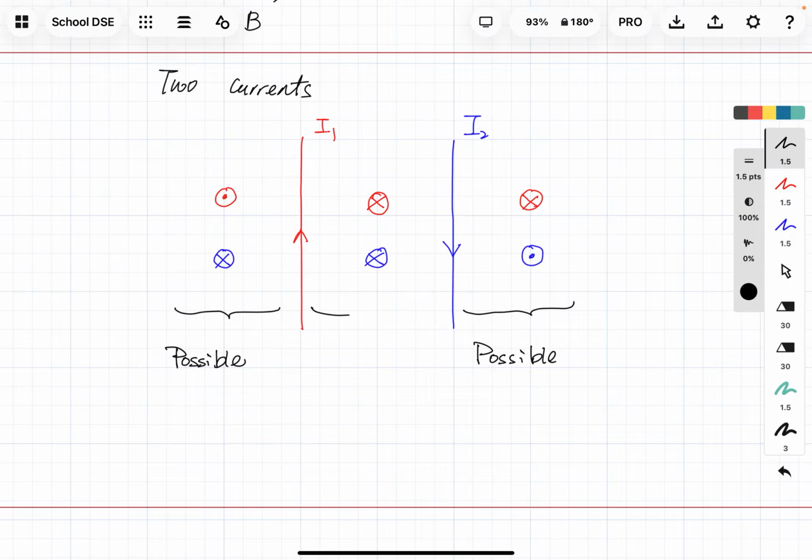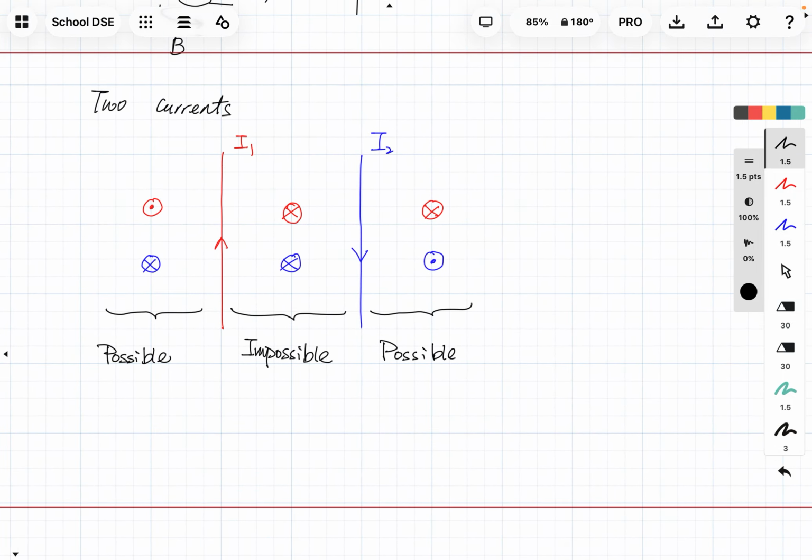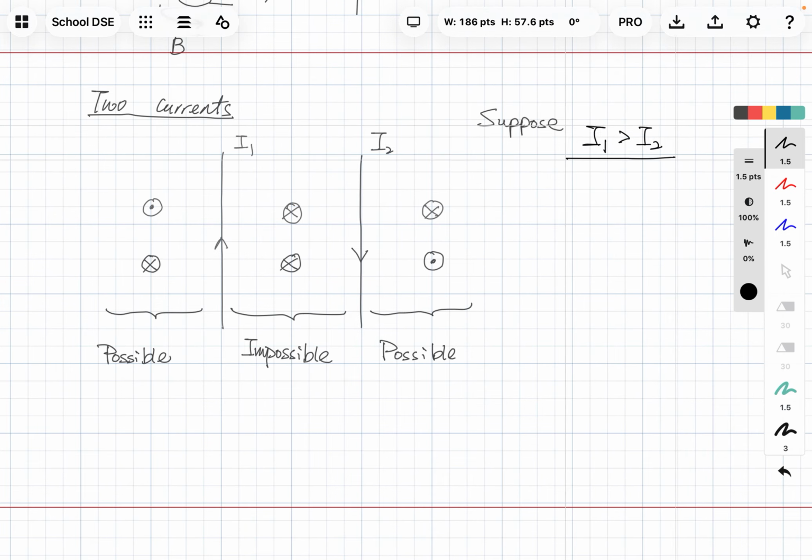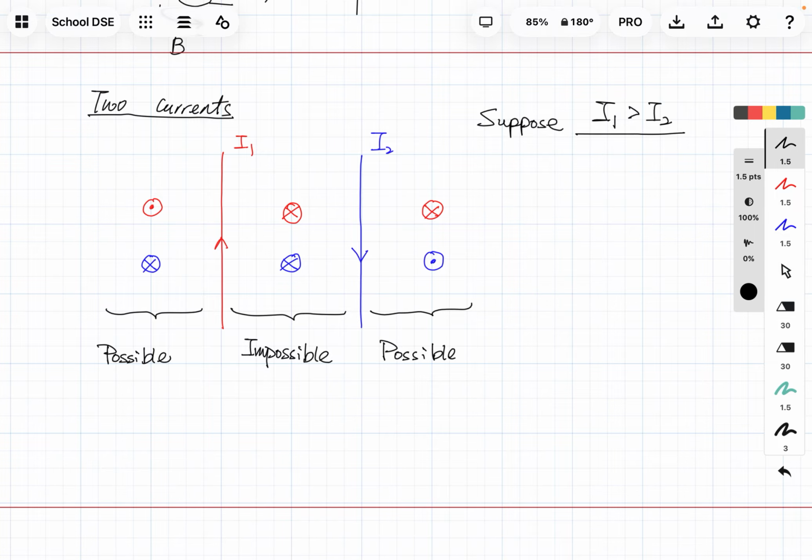But how do I know the magnetic field here? Then you start to use the right-hand rule. I use the right-hand rule, and then I know that this is the current and this is the magnetic field. Well, the problem is, if you use the right-hand rule on the right-hand side, then you will find the magnetic field is going in the clockwise sense. But this is not what we want.